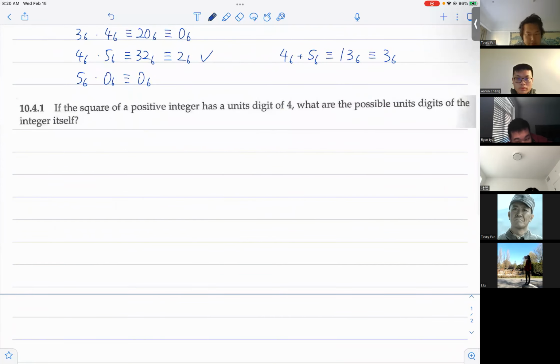Okay, first question I believe is pretty simple, so I think it's Aaron's turn. The square of a positive integer has a unit digit of 4. What are possible unit digits of the integer itself?